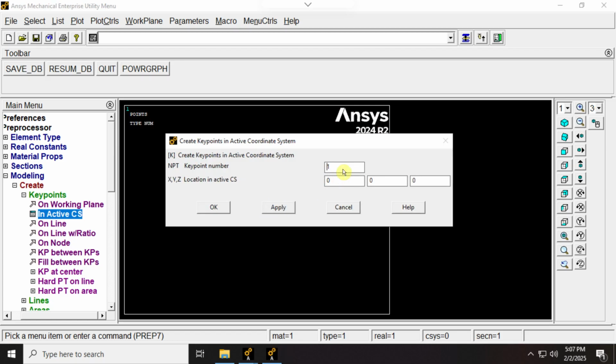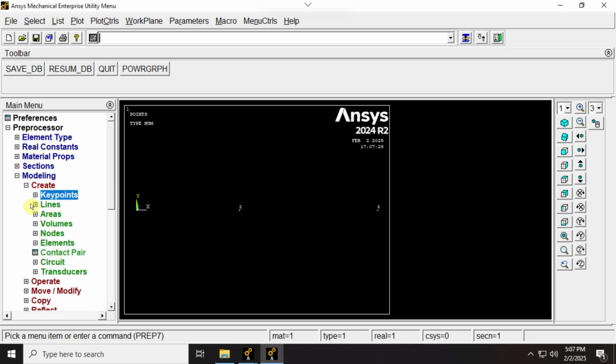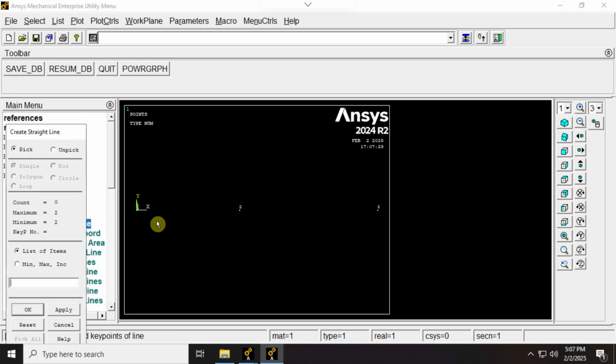Key point 2 is located 24 to the right. Key point 3 is 56 to the right. I added the lengths of the aluminum and steel, so 56. So we have 3 key points. Now I'm going to create lines. Alright, so we did that.